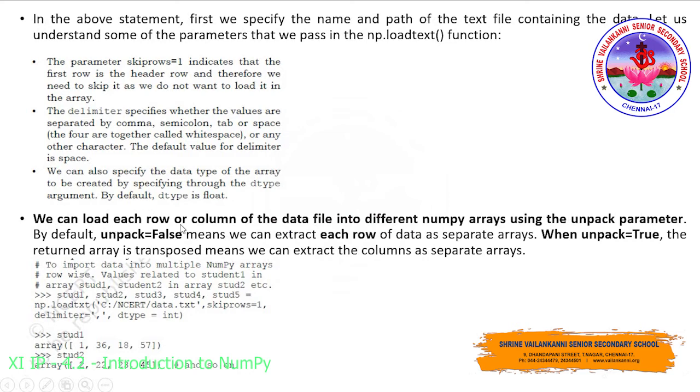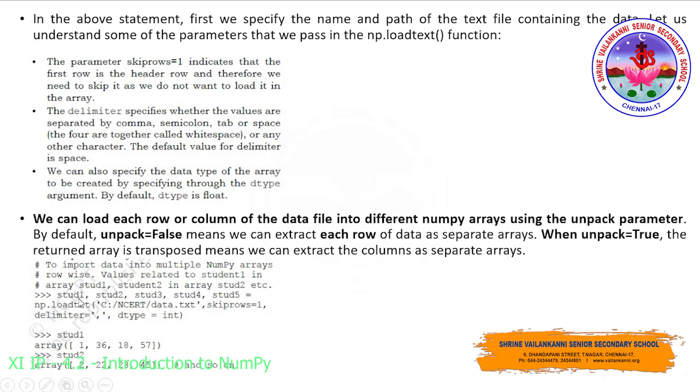By default, the unpack parameter will be set to false. And when it is false, it will extract each row of the data as a separate array. But if unpack is true, it will extract each column as a separate array. You understood? If unpack is false, it will extract each row of the data. Whereas if unpack equal to true, it will extract the columns of the data.